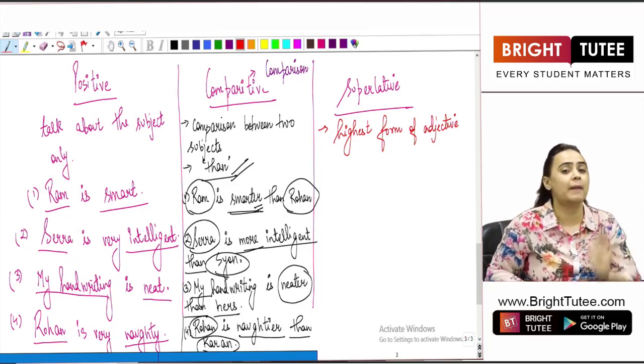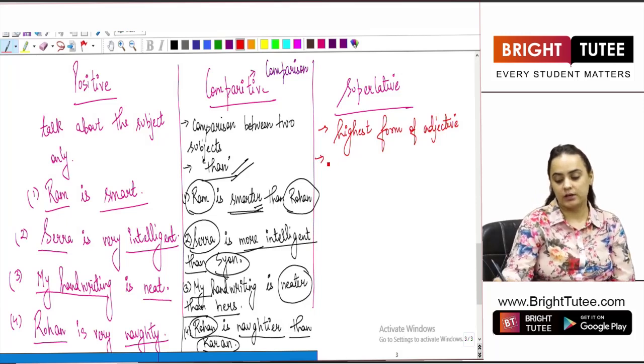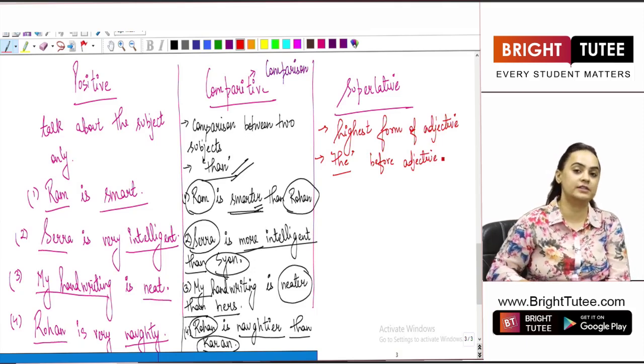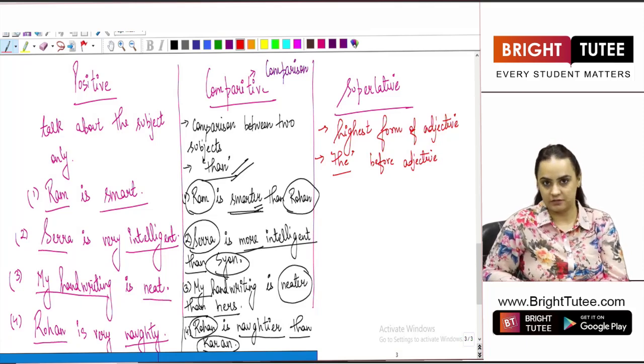There is no comparison to that. Superlative degrees will always have "the" before the adjective. This is the way to identify whether a sentence will have comparative degree or superlative degree.